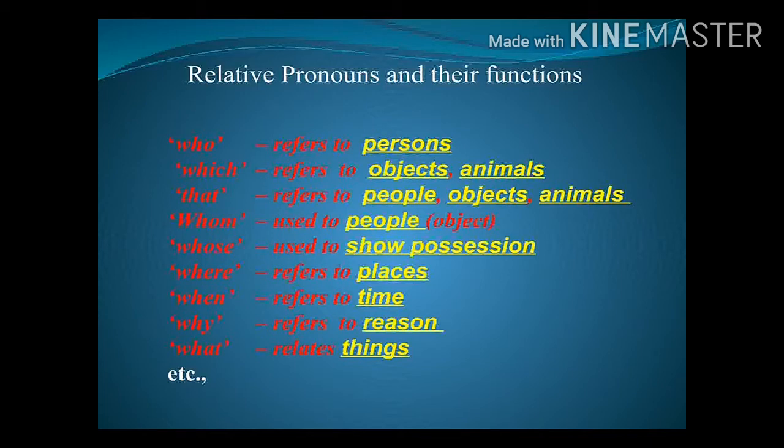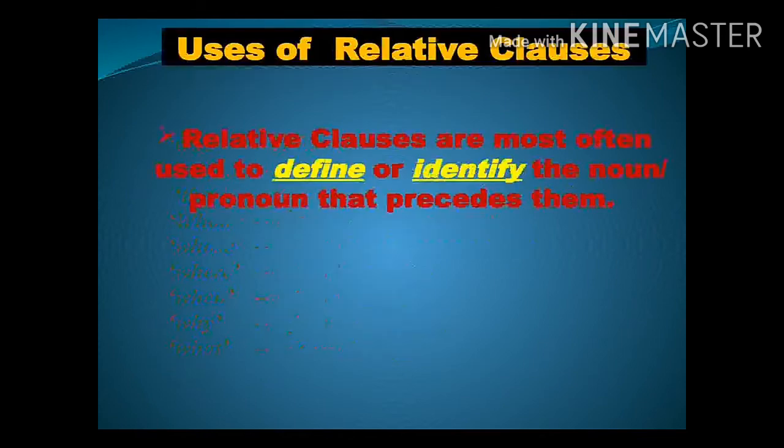Whose is used to show possession of something. Where is used for places, when is used to refer to time, why indicates the reason, and what is used to refer to things. So using these relative pronouns, we make relative clauses.